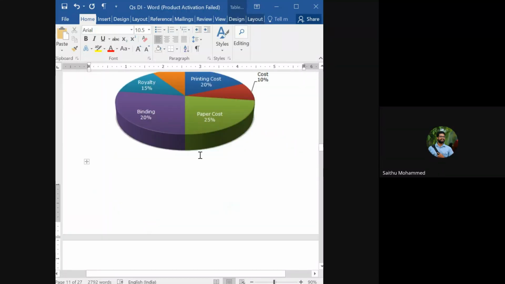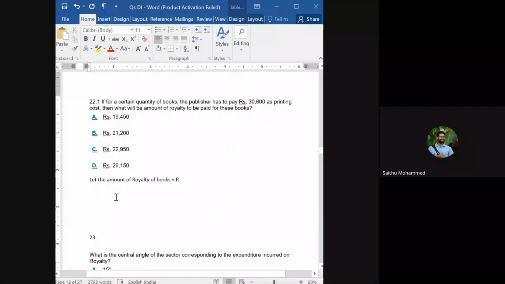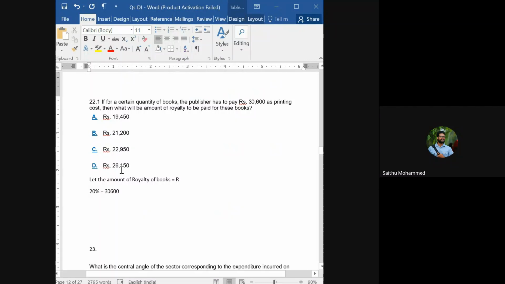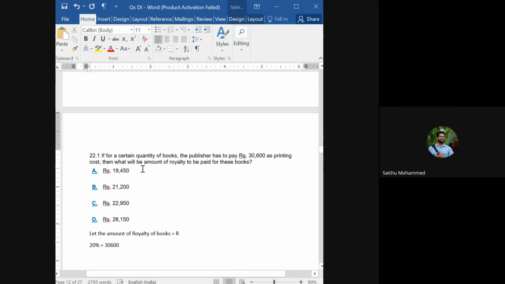It is 20%. So we can equate that amount with that percentage, which means 30,600 is equal to 20%, or 20% equal to 30,600, right? And the next one is the royalty. The printing cost is 30,600, then what will be the royalty to be paid for these books? So the amount of royalty is what we have to find.